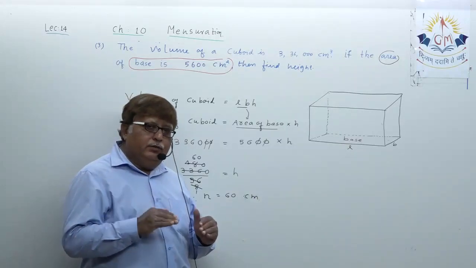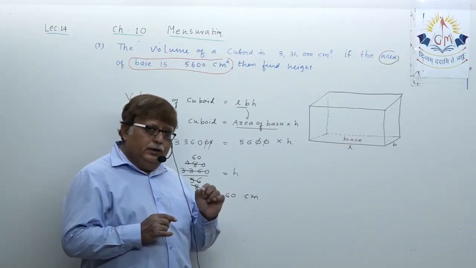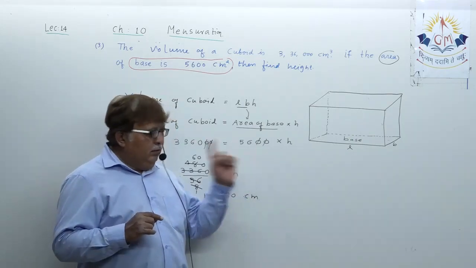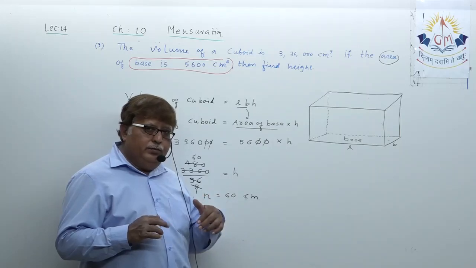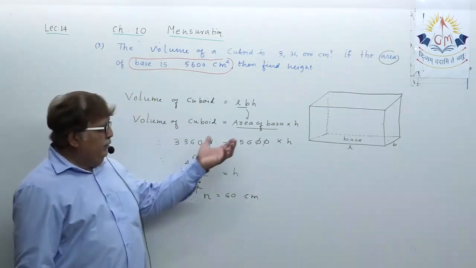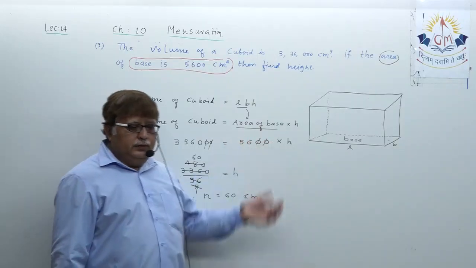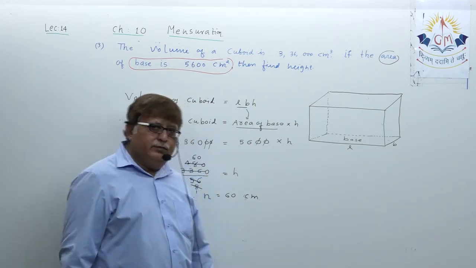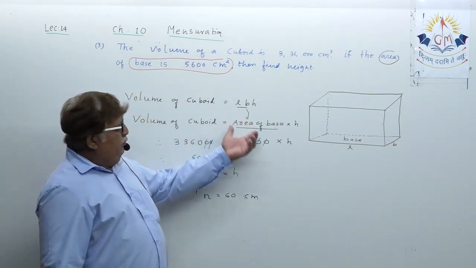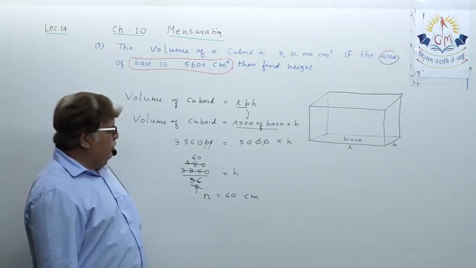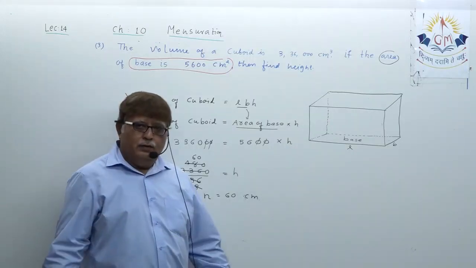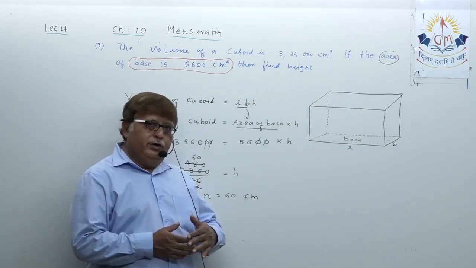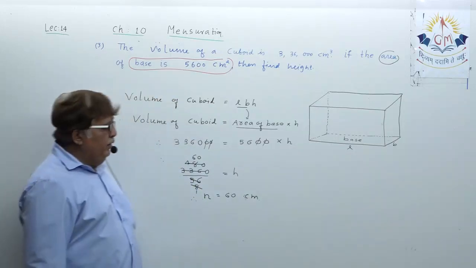So if you have strengthened and concentrated at that time on the derivation of the formula, then you will be able to design the new formula quite easily by yourself. Understood? So one more formula: volume of the cuboid equals area of base multiplied by height.